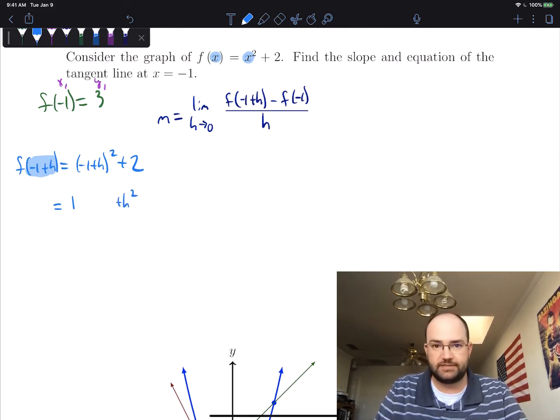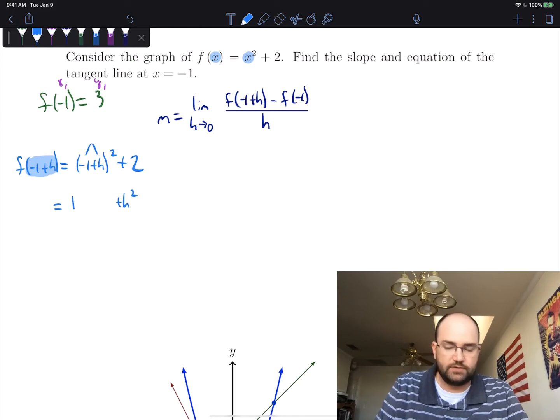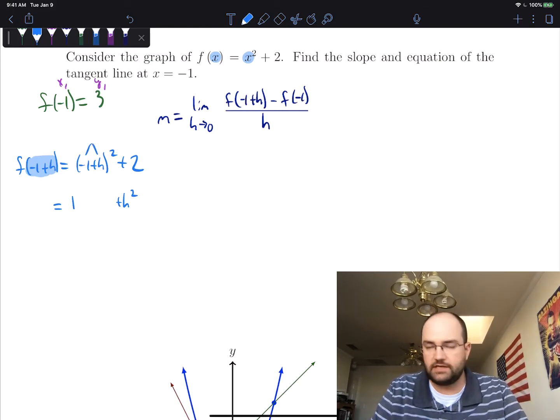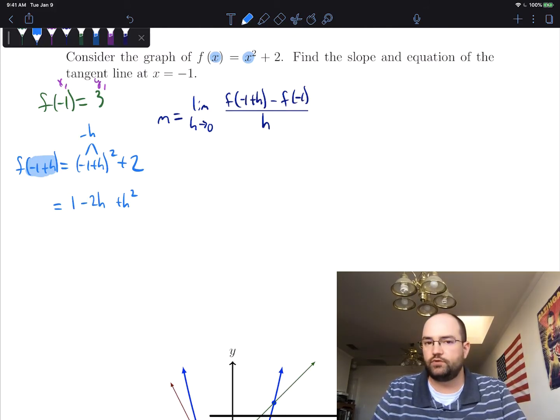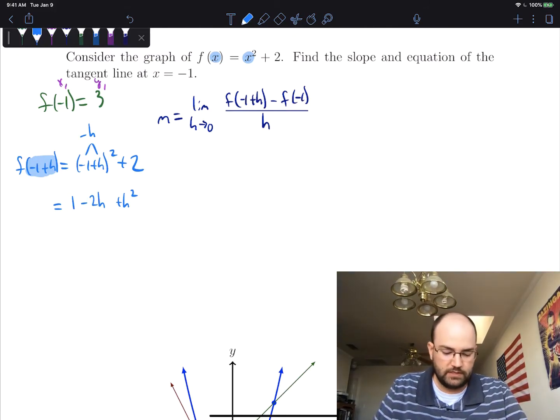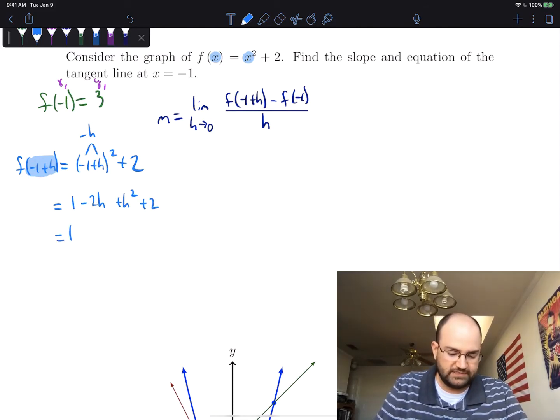It's the first and last there. Now we need the middle. To get that, multiply these two things together. -1 times h is -h, and then double the coefficient makes that -2h. So -1 plus h all squared is 1 minus 2h plus h squared. And we still have the plus 2 at the end. Now notice if we put this in descending order, we have h squared minus 2h plus 3.